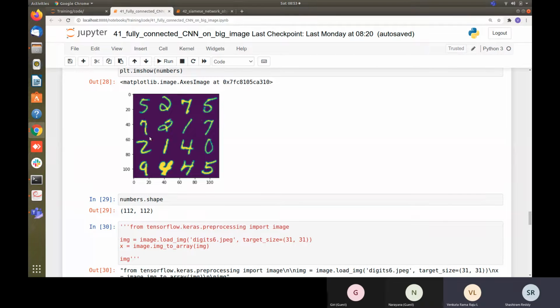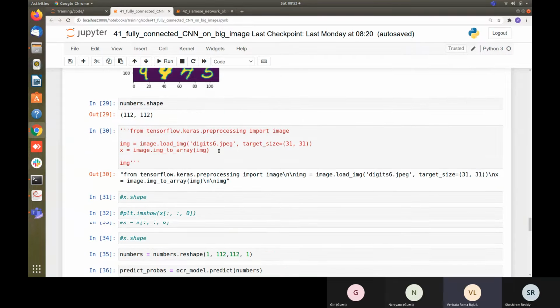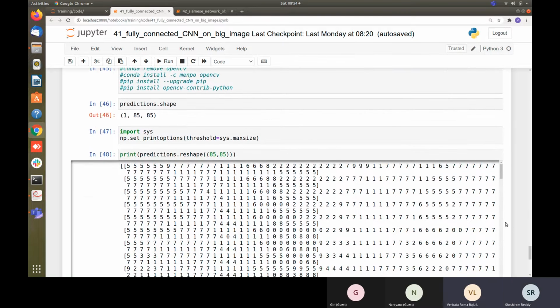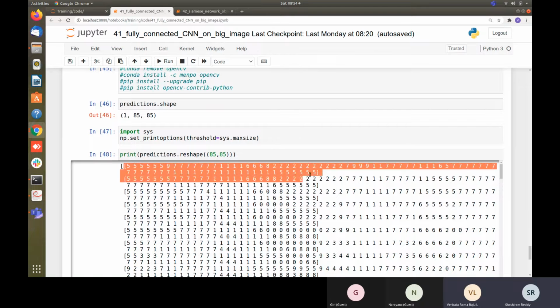So there are different objects in the image, and we are sliding through and trying to find them, because we did not use non-max suppression, right? Intersection over union, those concepts.